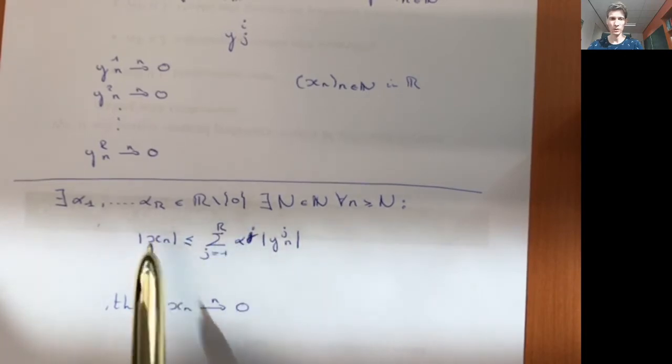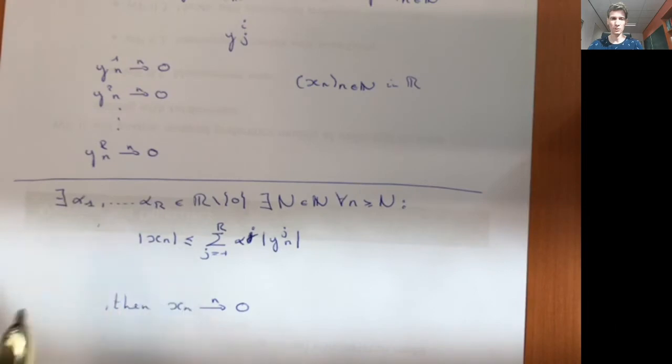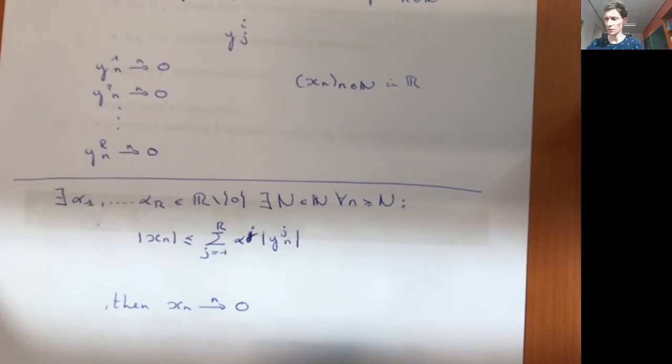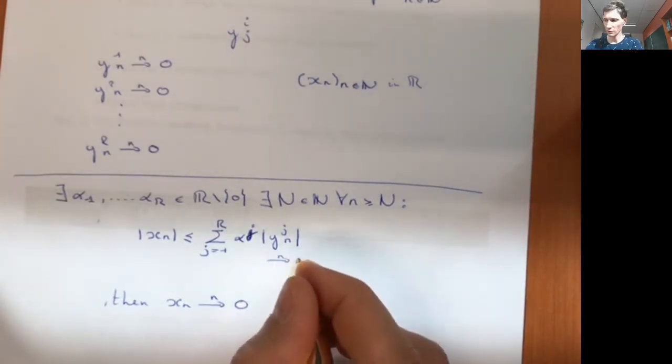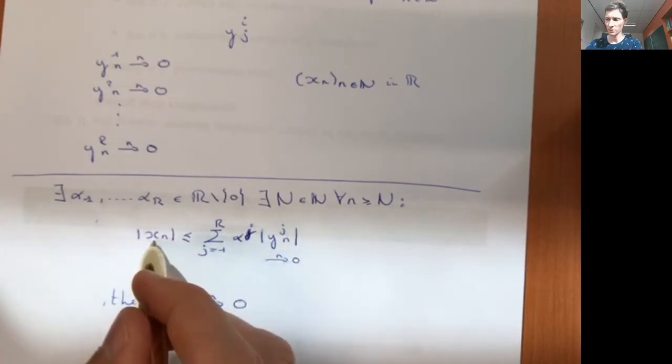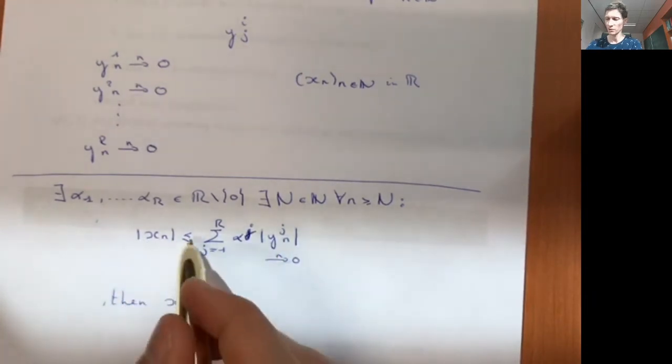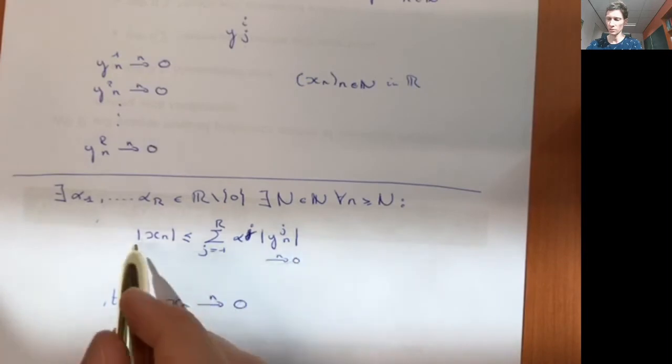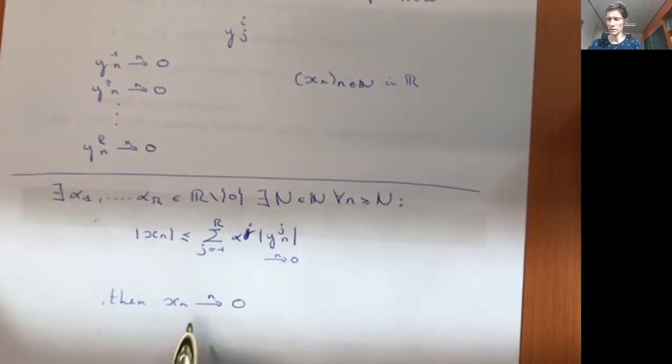So this number also has to go to 0. That's the intuition. So if these numbers go to 0, then the sequence converges to 0. So in some sense, the weighted sum goes to 0 because this non-negative number is less or equal to something that goes to 0. xn also goes to 0, and you have convergence.